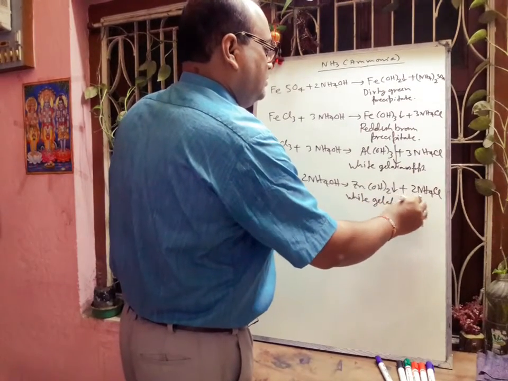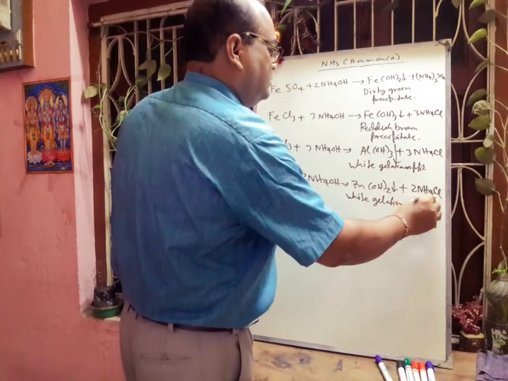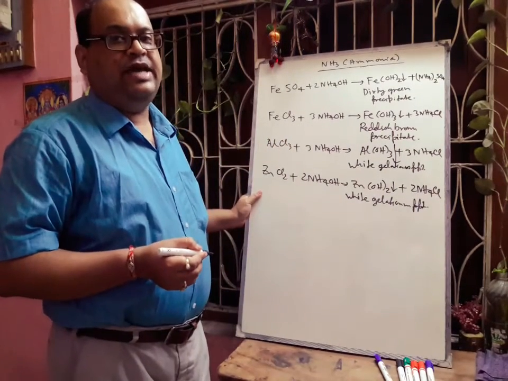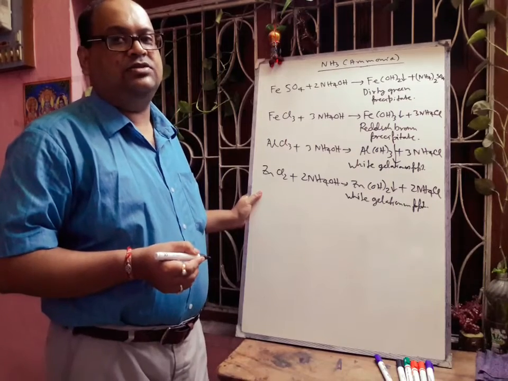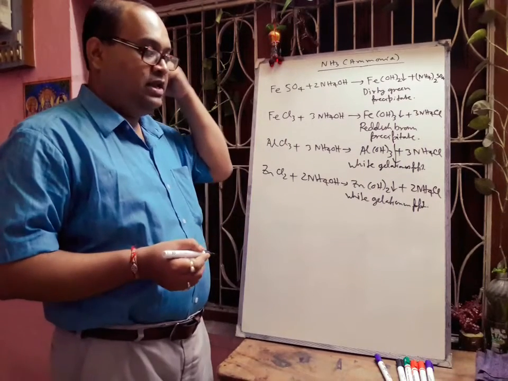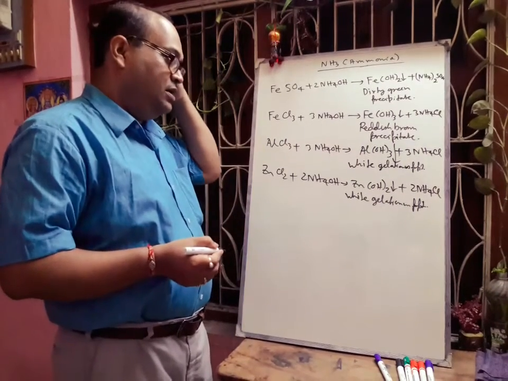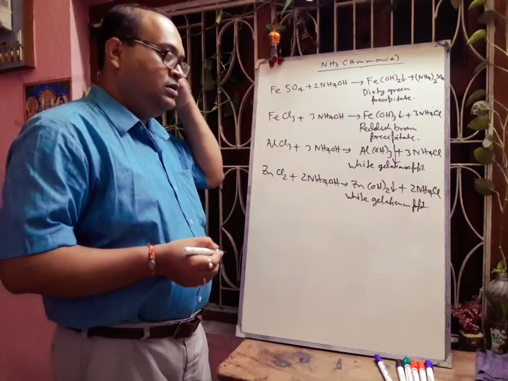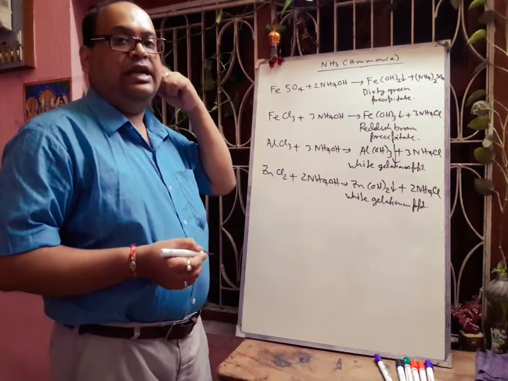In this white gelatinous precipitate, if we add excess, then it will be soluble. Then there will be formation of tetraammine zinc chloride salt. That we have already discussed in analytical part.